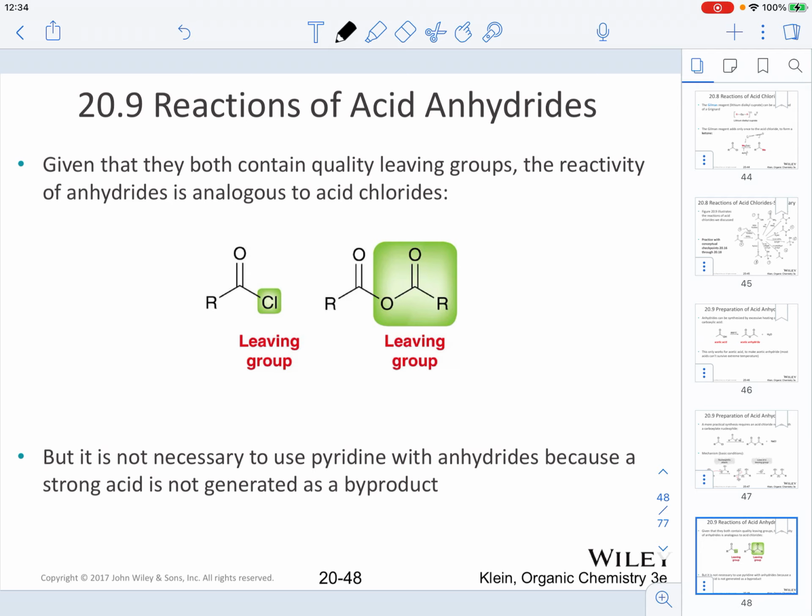In this case, our leaving group is going to be that oxygen atom that is single bonded to the C double bond O and that is attached to the R group. Understand that it is not necessary to use pyridine with anhydrides because a strong acid is not generated as a byproduct in these reactions.